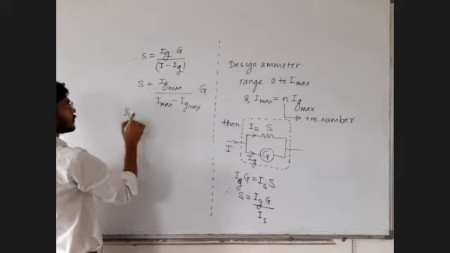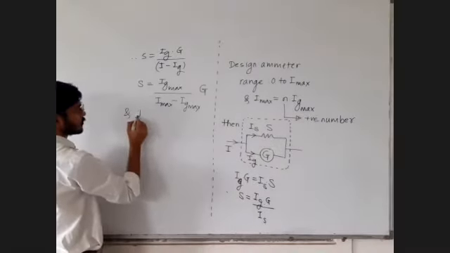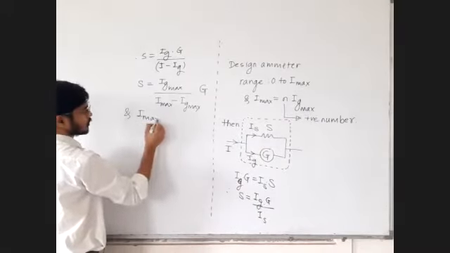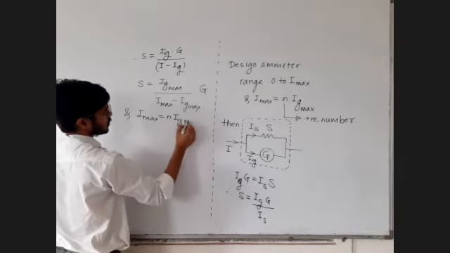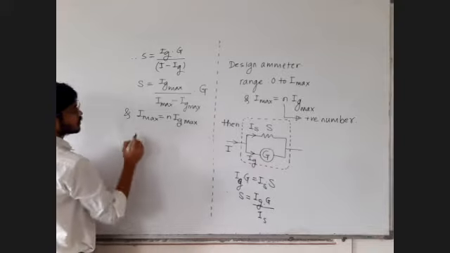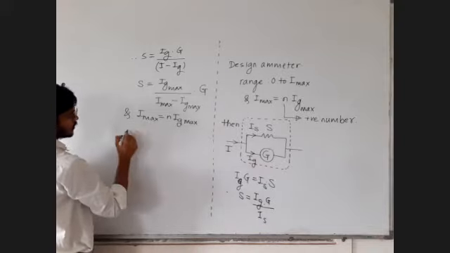And it is given that I max equals N times Ig max. In that case, I can replace I max by N times Ig max.